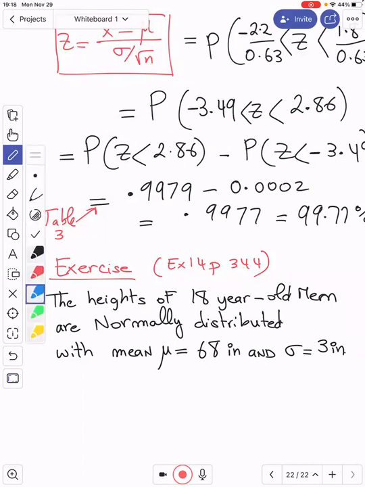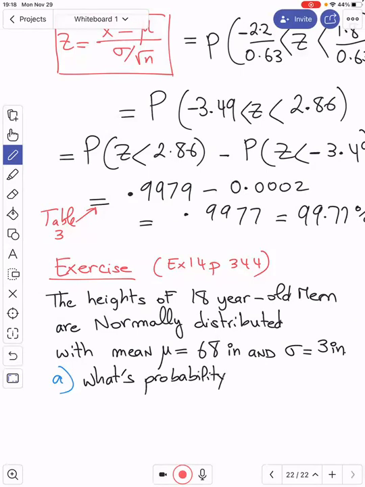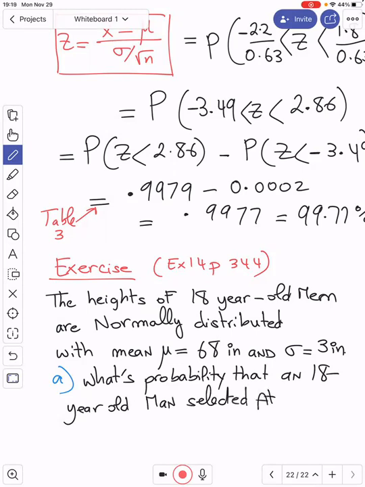All right, so A: what's the probability that an 18-year-old man selected at random is between 67 and 69 inches tall?